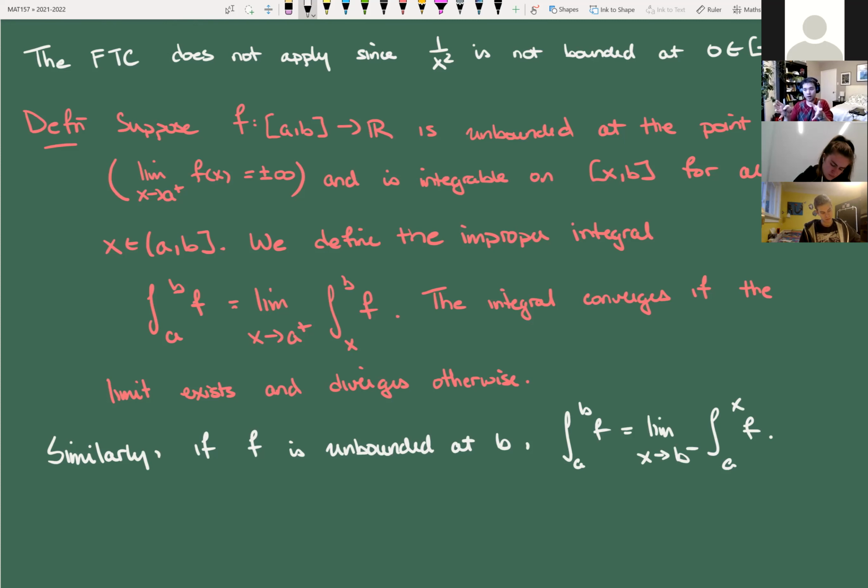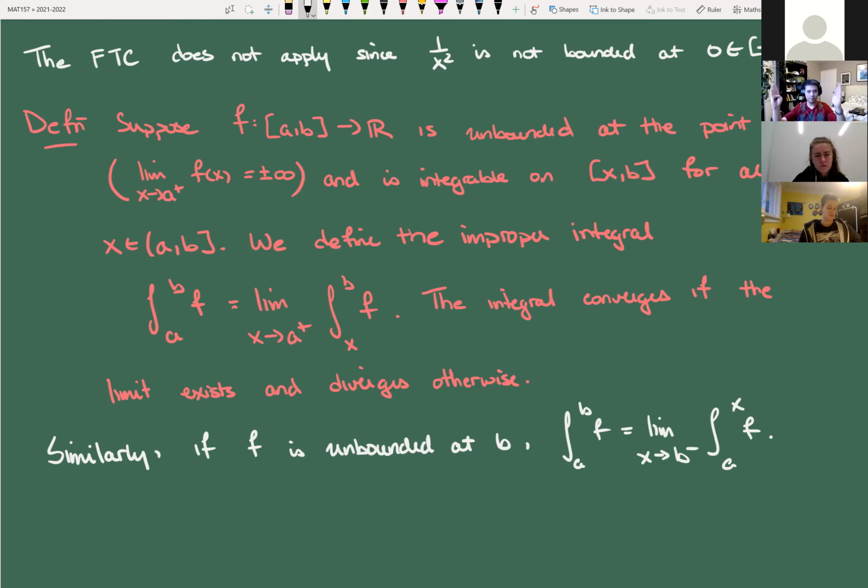And of course, there is also a notion of two-sided, where somehow you're unbounded at both endpoints, but you're integrable on any closed and bounded interval contained between A and B. Now that's very rare. Almost never are you going to consider something which does that, but it does come up from time to time. And the answer is the usual one.